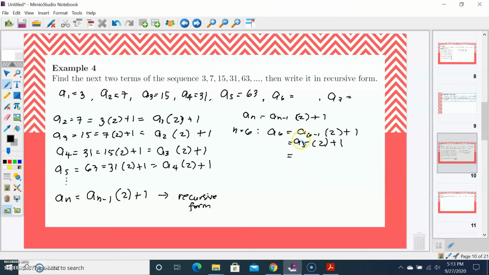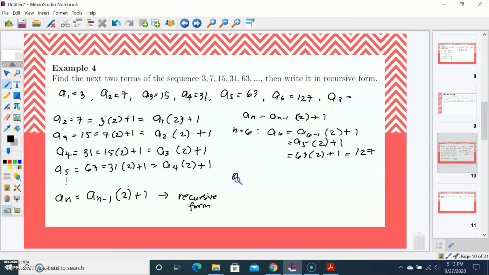We already have a value for a sub 5 and that is 63. So 63 times 2 plus 1, this will give us 126 plus 1, 127. Okay? So we now have this sixth term, which is 127.